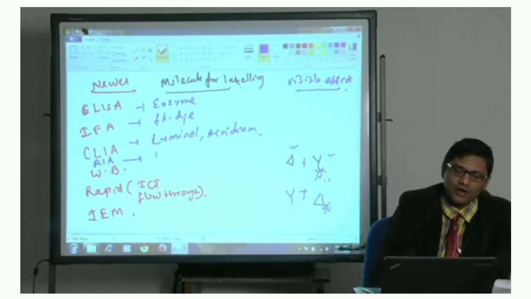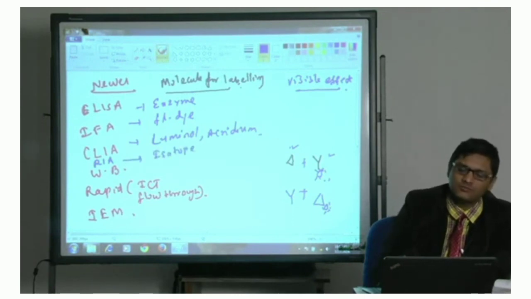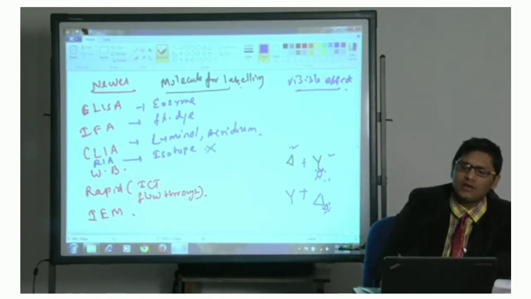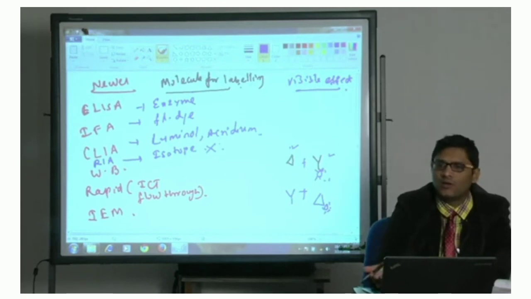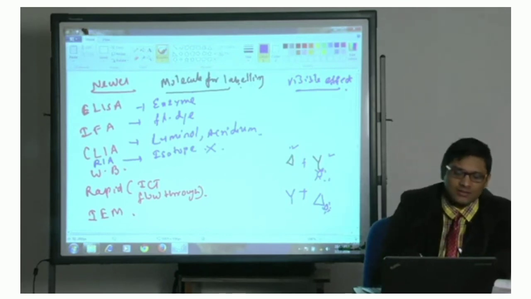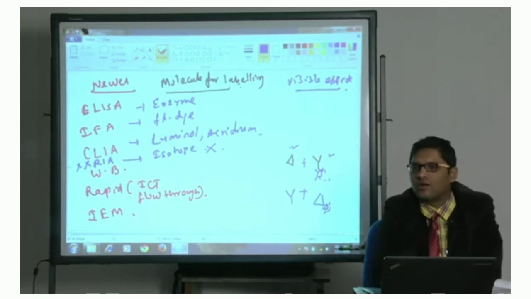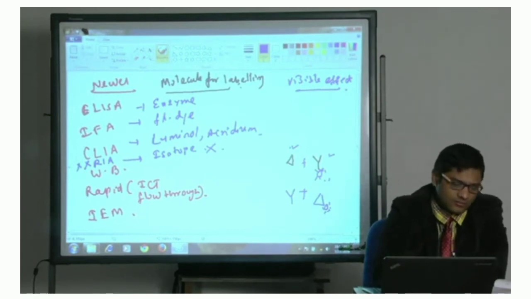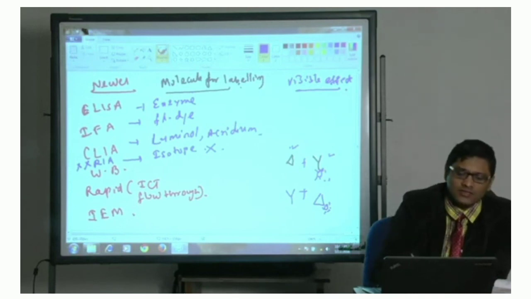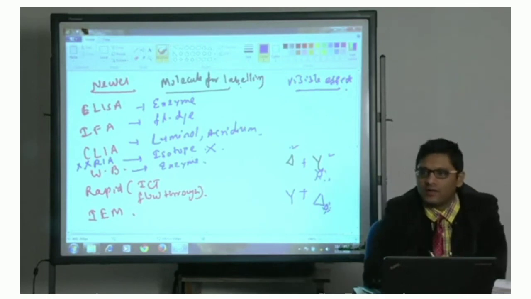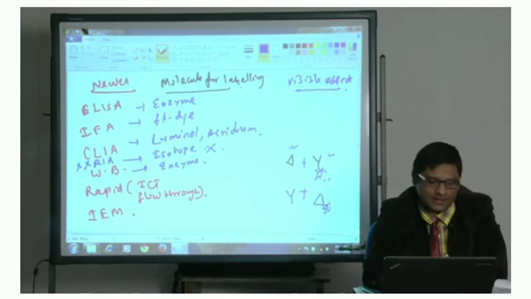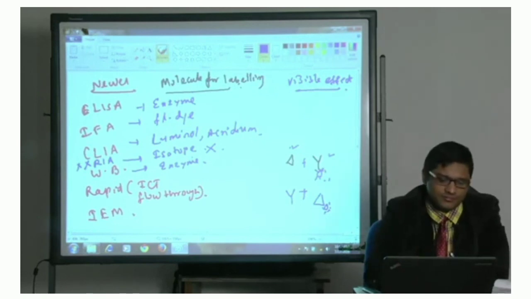In radioimmunoassay, radioactive isotopes are used to label, and because of the risk of radioactive hazard, this method is not used much. Western blot also is slightly different. It also uses enzymes, but you are detecting the antibodies against individual components of the antigen. Okay.